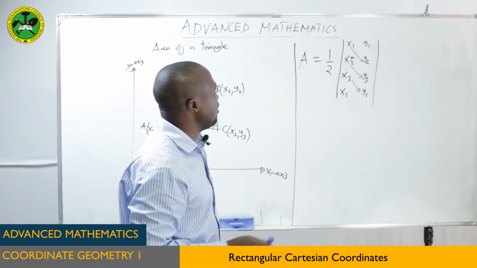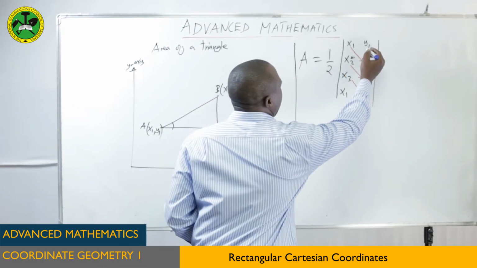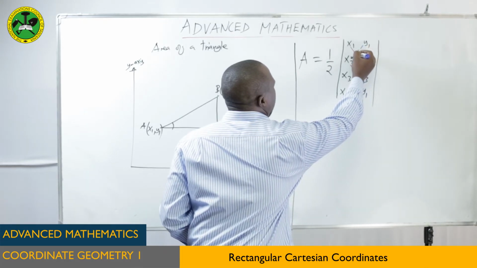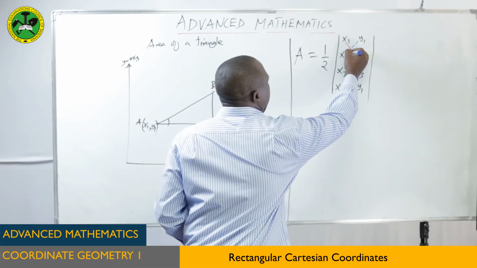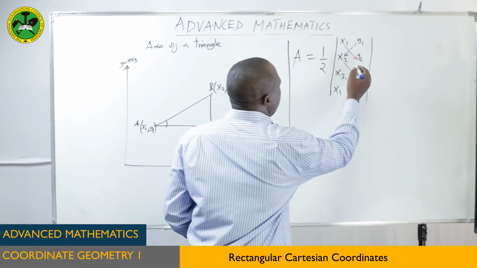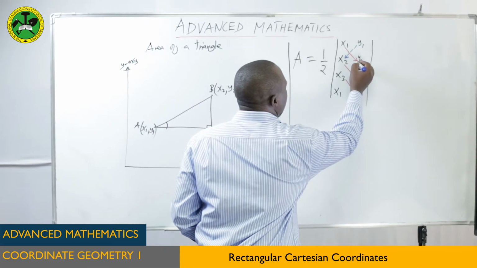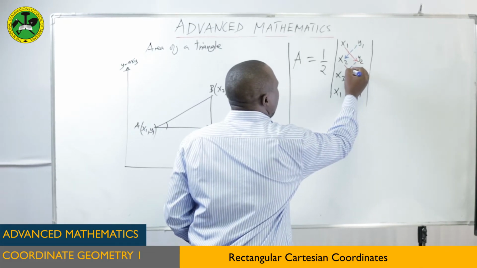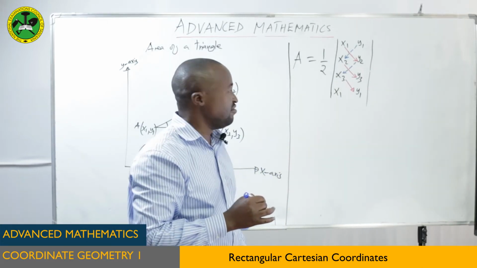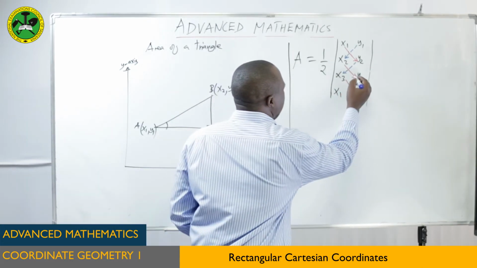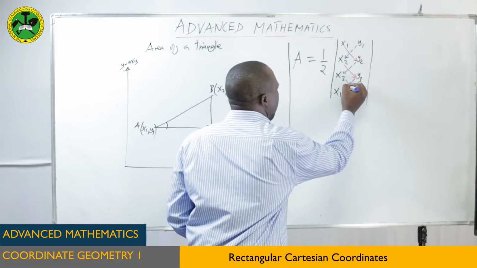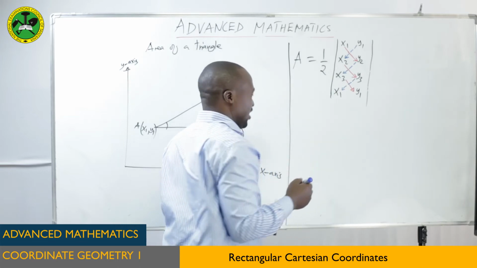Again, we use the dotted arrow, that is y1 times x2. We proceed with y2 times x3. And the last one will be y3 times x1.